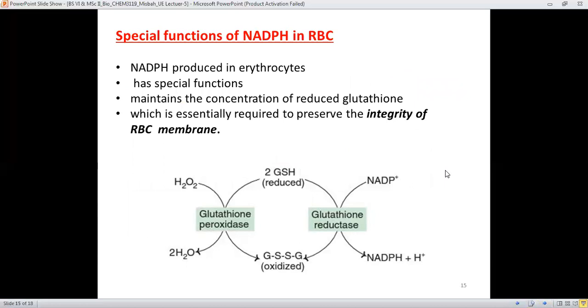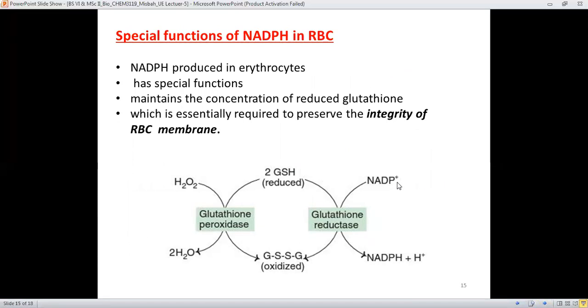The special function of NADPH in RBC is through glutathione reduction and oxidation, and it occurs in the erythrocytes, mainly red blood cells.